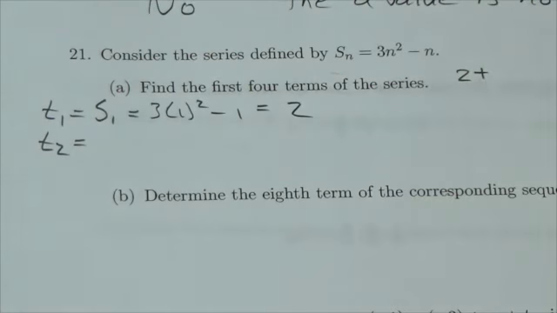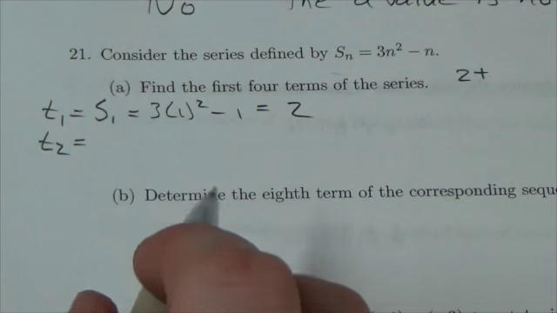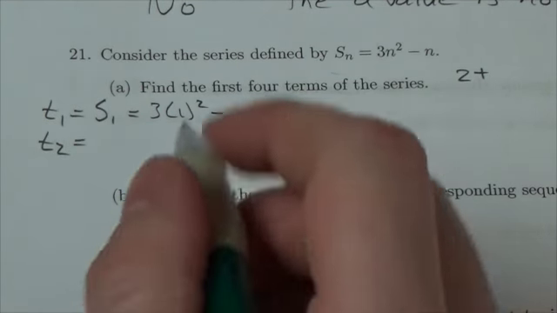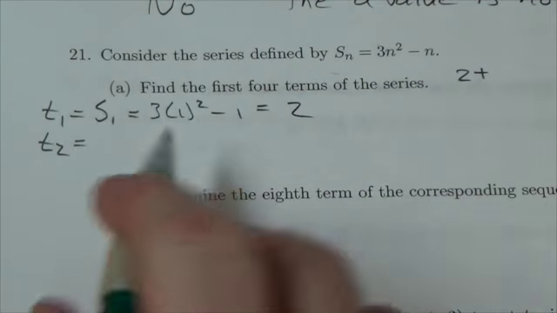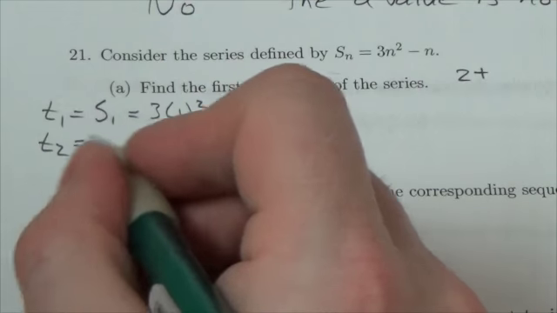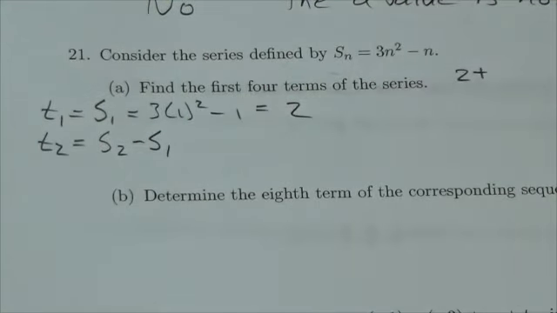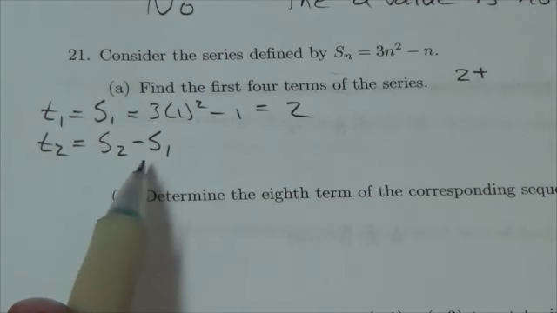T2, the second term. The second sum, S2, would be T1 plus T2. But T1 is the same as S1. So really, the second term is just going to be the second sum minus the first sum. If you just think about it, that makes an awful lot of sense.